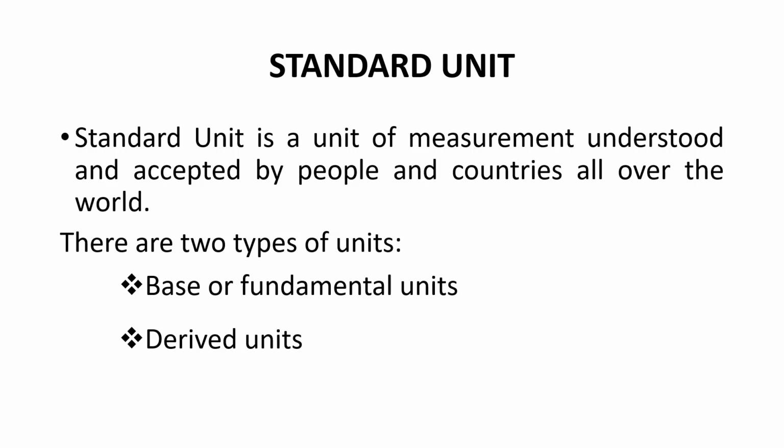We also have two types of units, like the quantities. We said we have the base quantities and derived quantities. The same applies to units. We have the base or fundamental units and derived units. Let's look at these two, their meaning, and also examples of these units, and you compare. So, base unit.